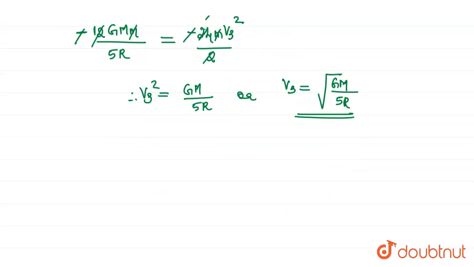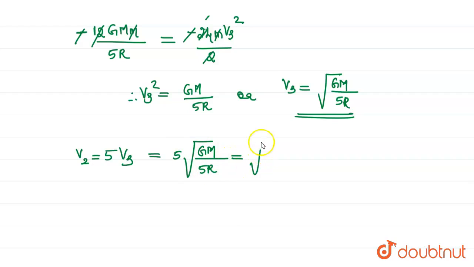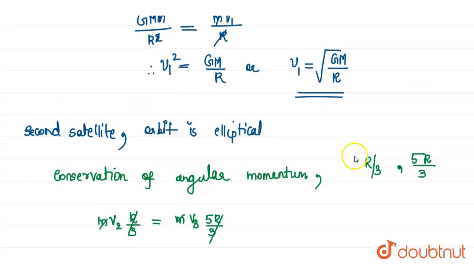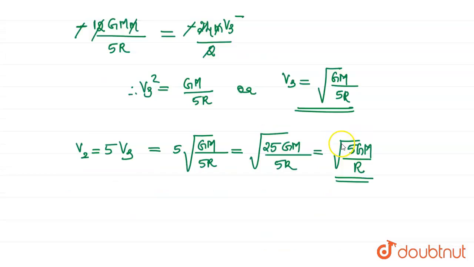So we get v3. Then what is v2? v2 is equal to 5v3, which is 5 into root of GM by 5r, which is root of 25 GM by 5r, equal to root of 5GM by r. So we get the values of v1, v2 and v3.